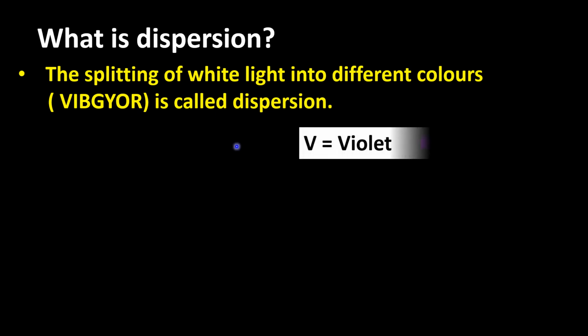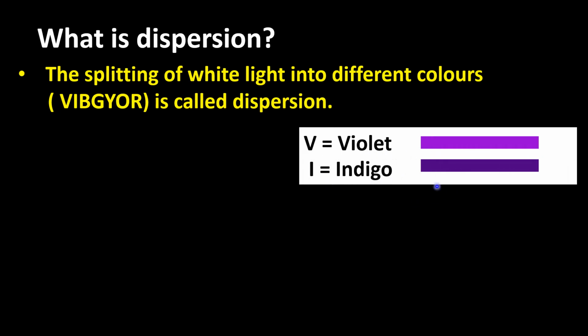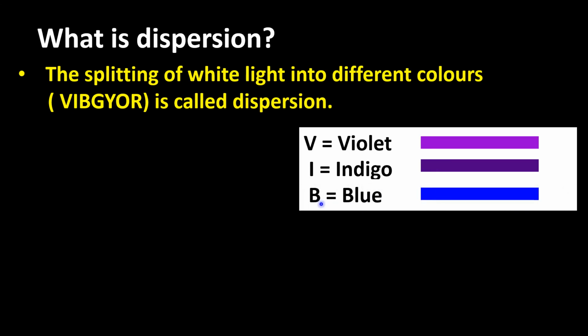See here, this is the violet color and indigo and blue. You must remember one thing, the wavelength of each color is different. The wavelength of violet color is different from the wavelength of indigo, and in turn it is different from blue color.